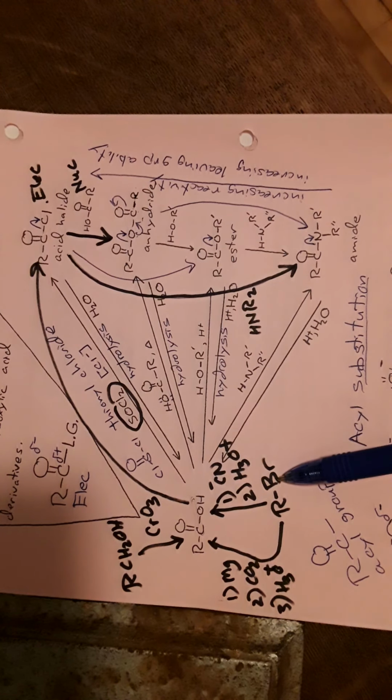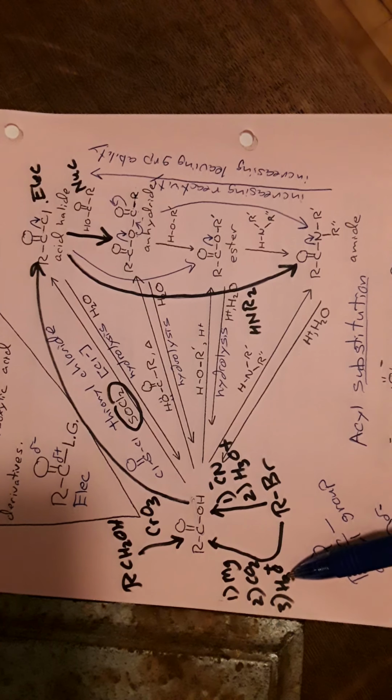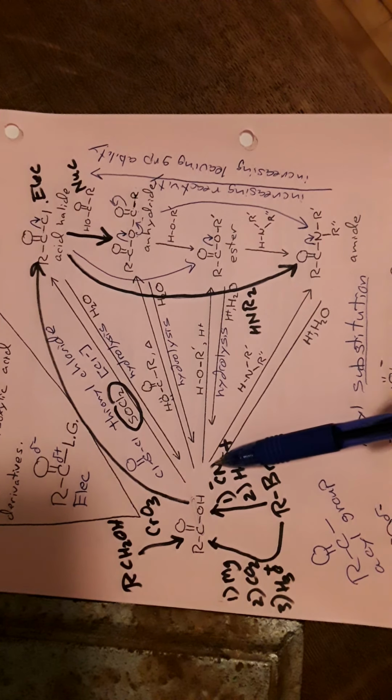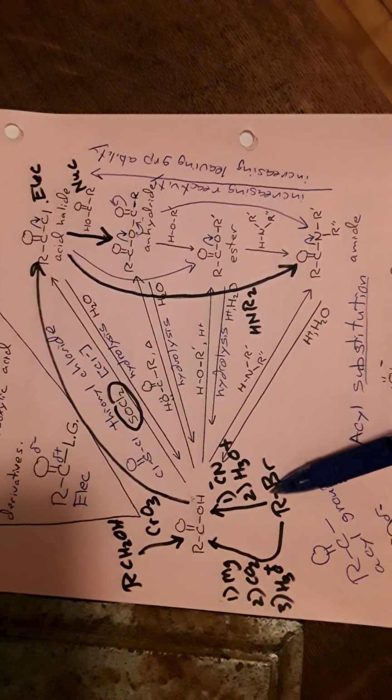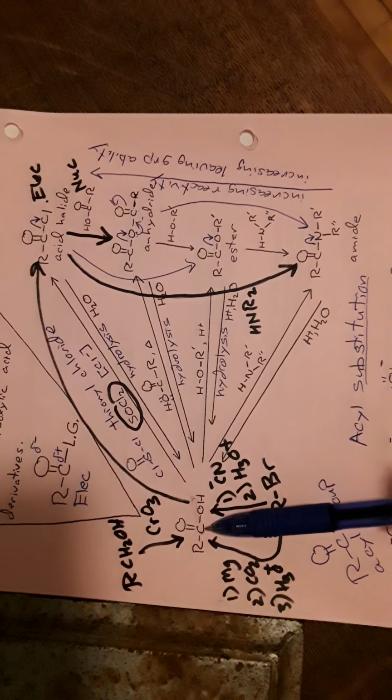You can convert it into a Grignard reagent and add carbon dioxide, followed by hydrolysis. Or you can add sodium cyanide and then hydrolyze that nitrile to the carboxylic acid. So this is how you would be working on making carboxylic acids.